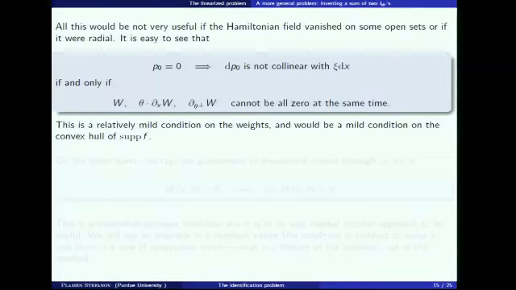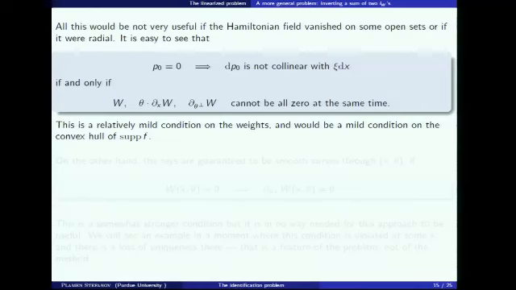Okay, and all this will not be very useful if the Hamiltonian field vanishes on some open set. I mean, then all those Hörmander theorems, of course, they apply, but they give you trivial consequences. If, let's say, P is 0 everywhere, the theorem is true, but doesn't tell anything.